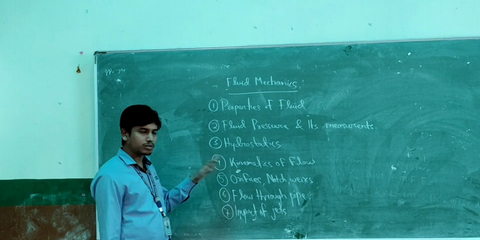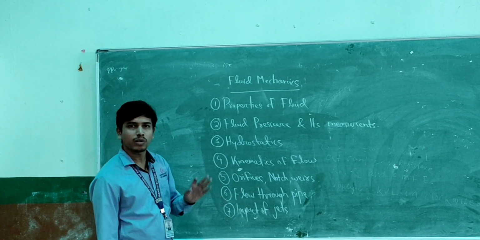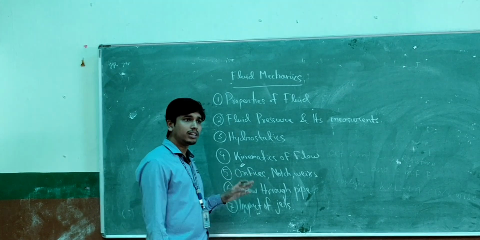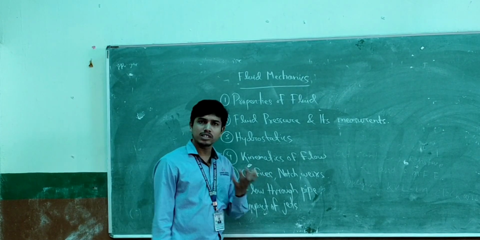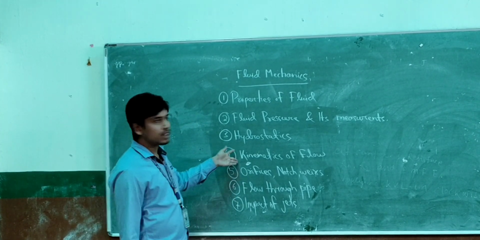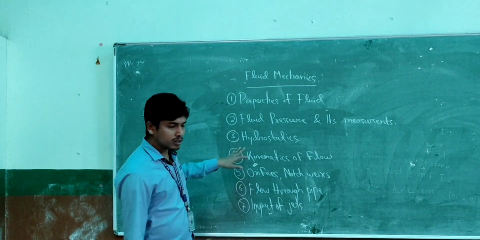Many other points are also in this chapter: Bernoulli's theorem, the continuity equation, and the venturimeter, a device which calculates the rate of flow or discharge. So this is the fourth chapter.